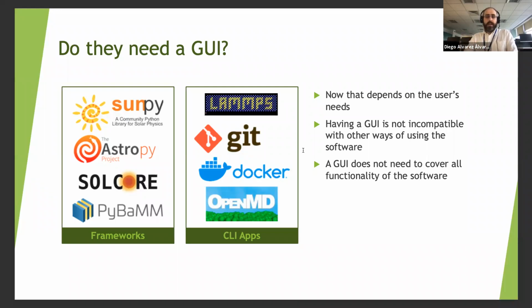One thing some people worry about with a graphical user interface is that when you create a GUI, you don't need to cover all the functionality of the software. Most frameworks and command line applications have a lot of functionality, a lot of things they can do. You don't need to provide a GUI for all of them.